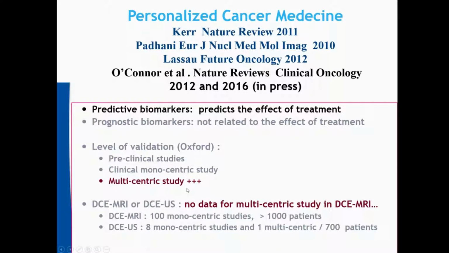And if we try to benchmark DCMRI and DCUS, currently we don't have data for a multicentric study in DCMRI. We have more than 100 monocentric studies with DCMRI, including more than 1,000 patients. But for the DCUS, we have 1 multicentric study for the validation.